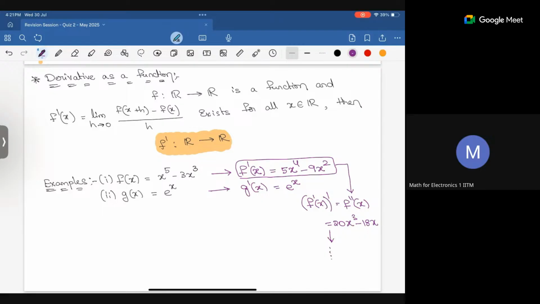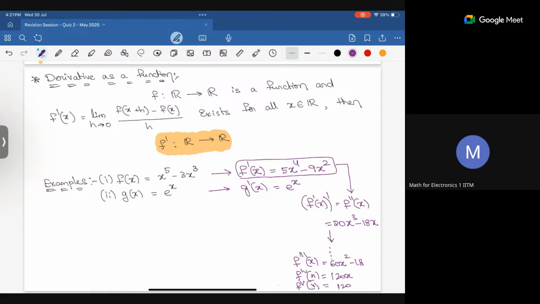So I can take these derivatives forever. But what we observe is that after certain derivatives, the third derivative will be 60x square minus 18, and the fourth derivative will be 120x. It is just a straight line, a linear relationship. If I take the derivative once again, the fifth derivative will be 120, now a constant.